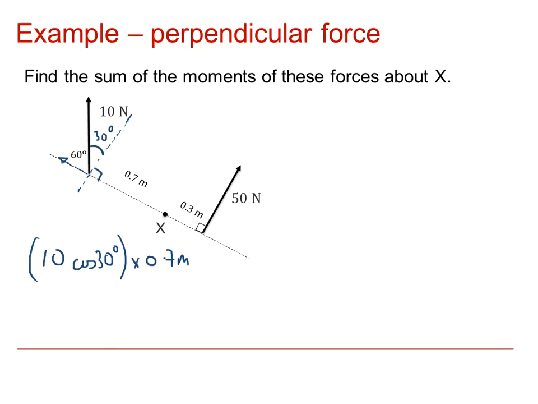And because it's a clockwise moment, that would be the negative of that value, which again of course gives us a value of negative 6.06 Newton meters. The 50 Newton force is again at right angles, so therefore it has a 15 Newton meter turning moment, and again anti-clockwise for that one, so that would be a positive moment.